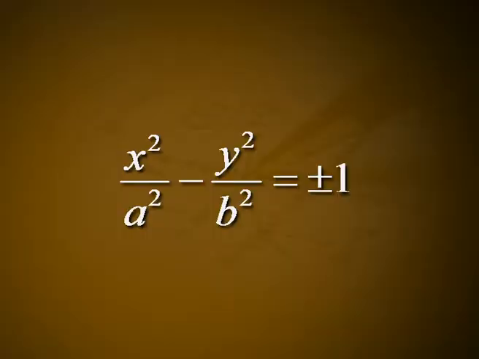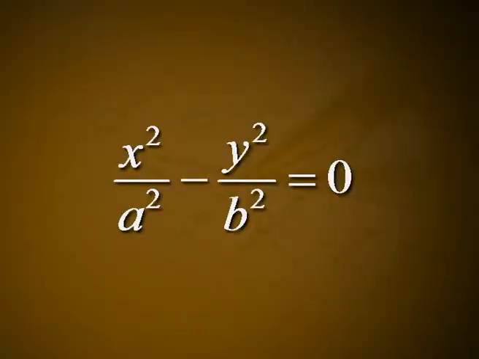The hyperboloids are asymptotic to this cone in the same way that the hyperbolas x squared by a squared minus y squared by b squared is equal to plus or minus 1 are asymptotic to the lines x squared by a squared minus y squared by b squared is equal to 0 in the xy plane.